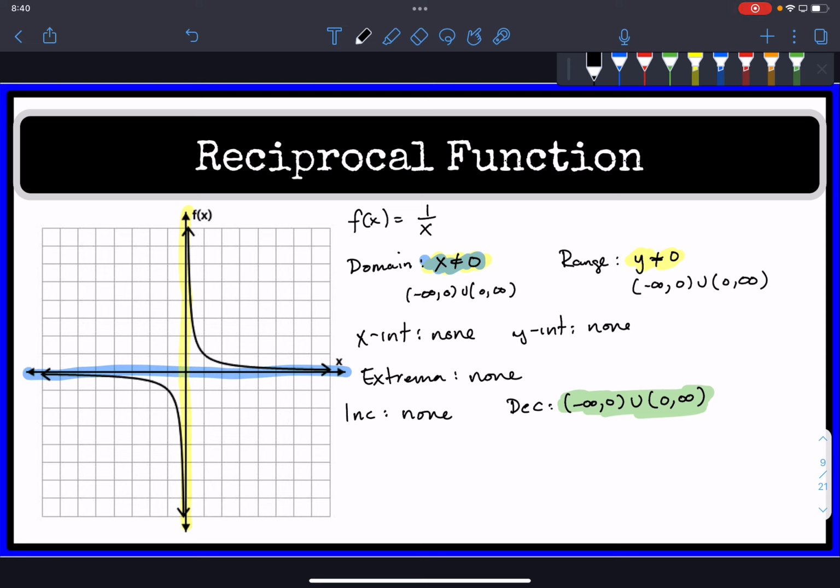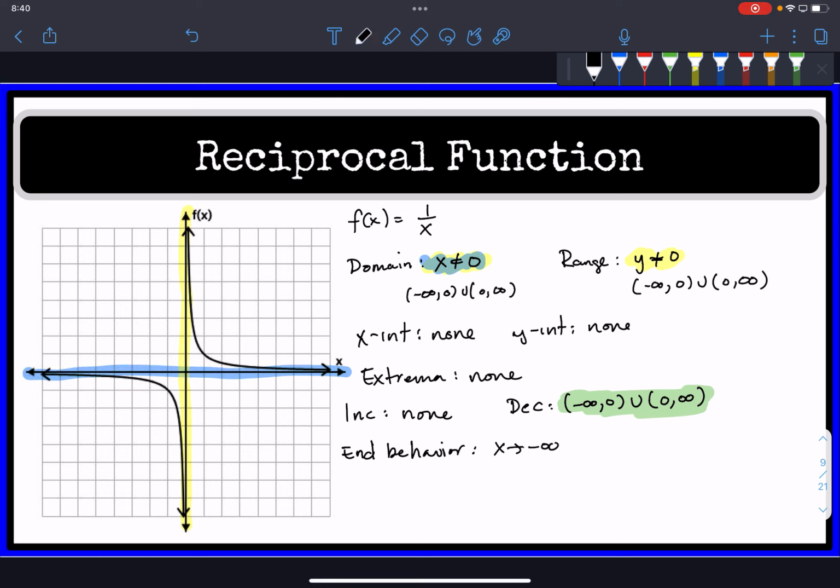Now the end behaviors. As x approaches negative infinity, this is leveling off. The left end is not pointing upwards without bound. This is bounded by our x-axis.